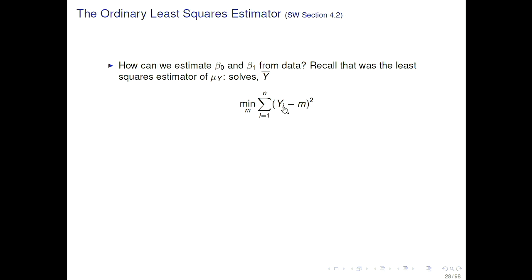What we mean by the best, you can think about this expression. So by choosing one number m, we want to predict random variable y. And because y is a random variable, we're going to make some mistake. Our guess is going to be different from the random variable itself.